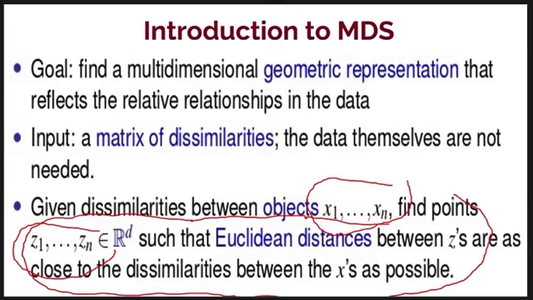If it is two-dimension, it means I'm going to have an X-axis and a Y-axis for each of these objects. That's what I call Z1, Z2, up to Zn, such that the Euclidean distances between them are as close as possible to the dissimilarity that we observe in the original higher dimensional space. So that is our intention here.